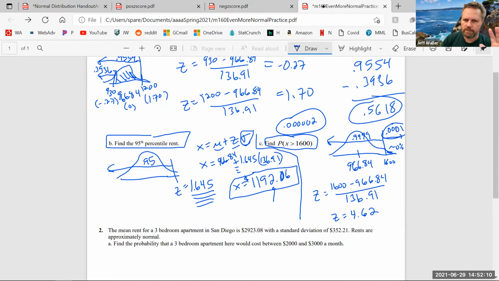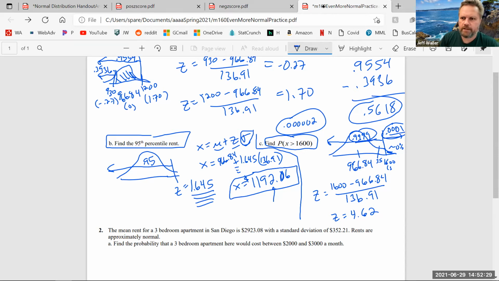I really want this to make some sense because at 3.5 standard deviations up, there's this much below. But we're at 4.62. There's going to be more down here and even less up here.